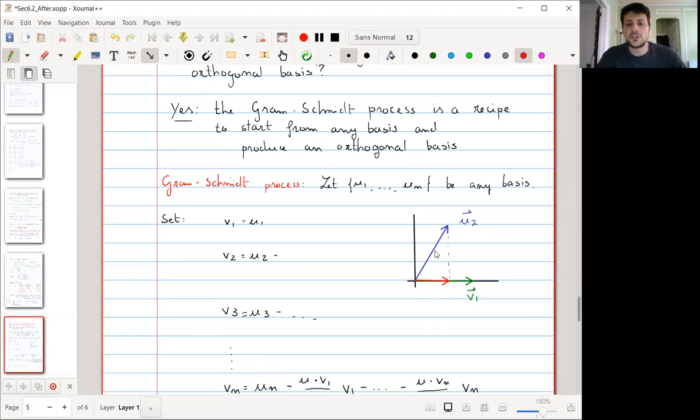And what we actually want to do is, instead of considering u2, we will consider the vector v2, which is u2 minus its projection down to the axis.